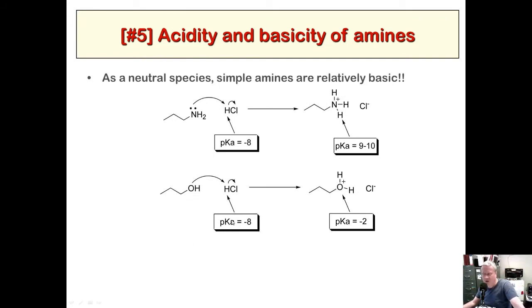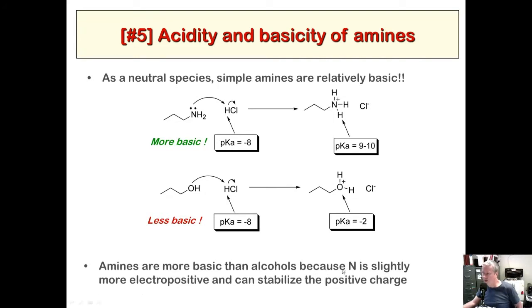You always go towards the larger pKa value, right? So alcohols can do this also, but not as favorably, because the pKa is around -8, not as much as an amine, which is 9 or 10. So an amine is used as a base, like to absorb HCl.